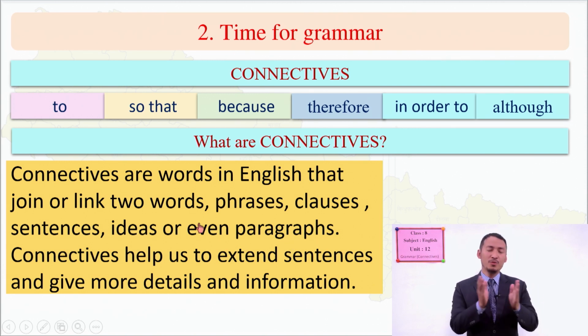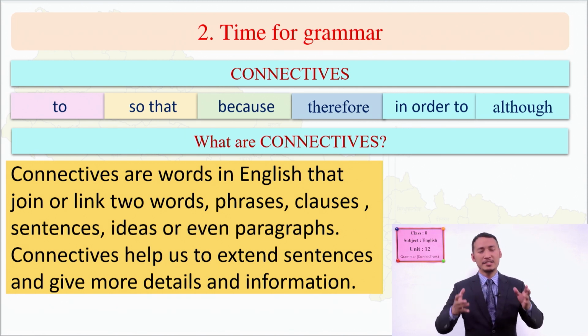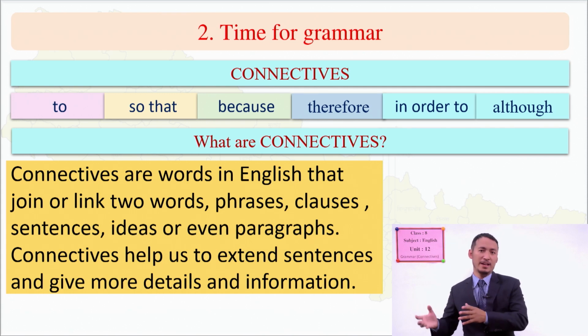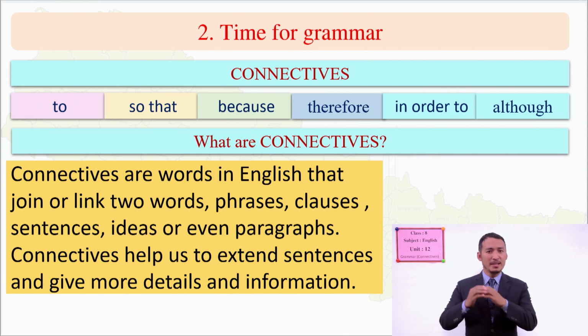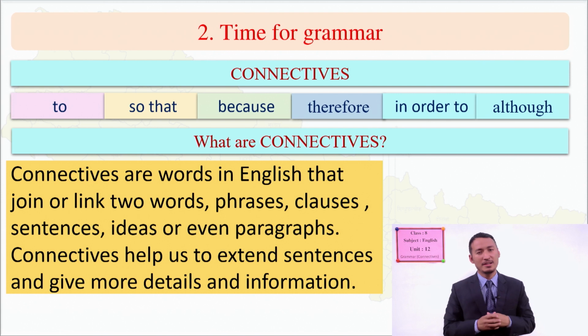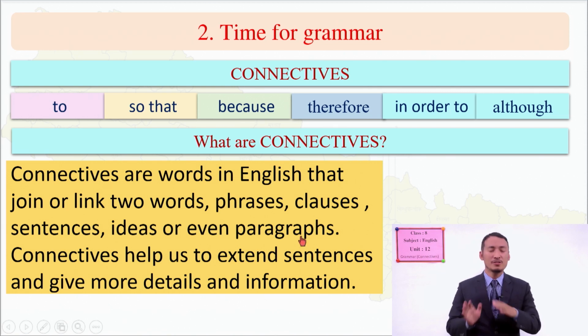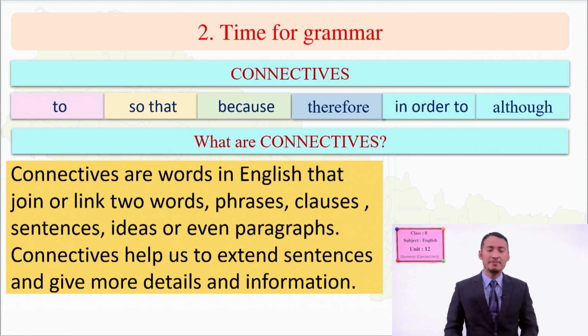It can join two words like Ram and Sita, and phrases like white table and black table, and clauses and sentences, or even a group of sentences, which is called a paragraph, also joined by the connectives. So there are different types of connectives.